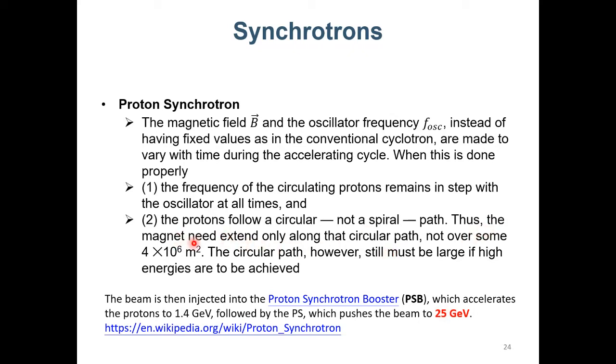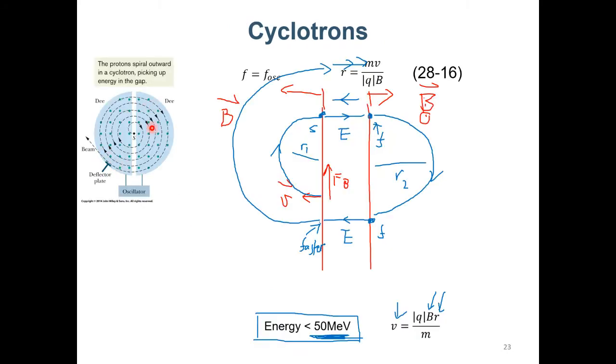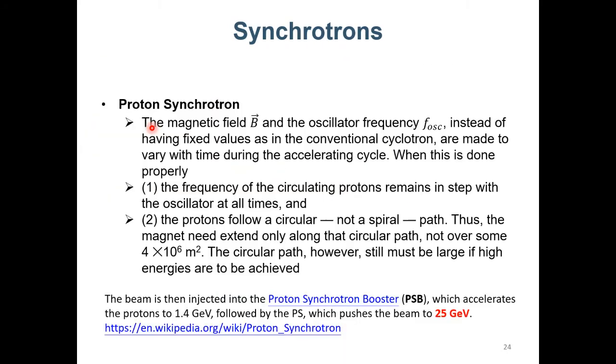So the magnet needs to extend only along the circular path, not over some 4 times 10 to the 6 meters squared, which is really large. You can imagine it is 2 times 10 to the 3 meters, which is 2 kilometers, so the radius of this one is 1 kilometer. The circular path, however, still must be large if high energy is to be achieved.